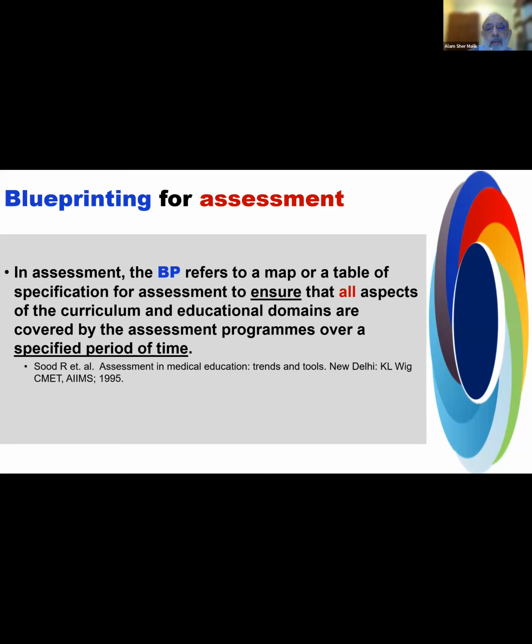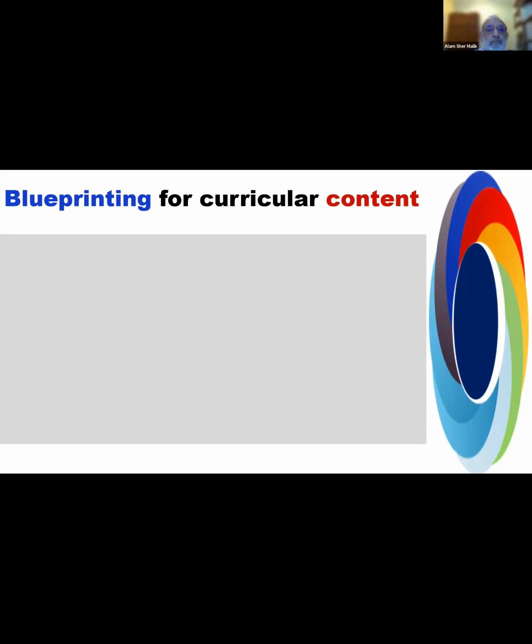And also we can call it a table of specification for assessment. And the purpose is that all aspects of the curriculum and educational domains are covered by the assessment program. It would be clear in the next few slides.